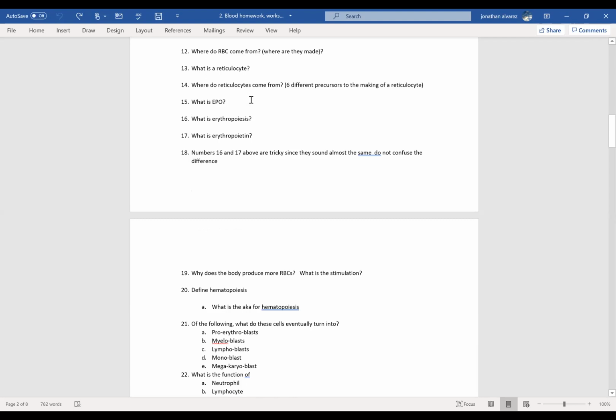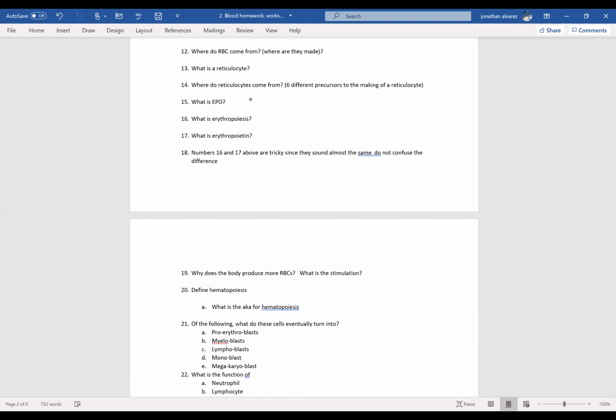These are easily confused because they sound similar. Try not to confuse them. EPO is erythropoietin, so those are the same thing.